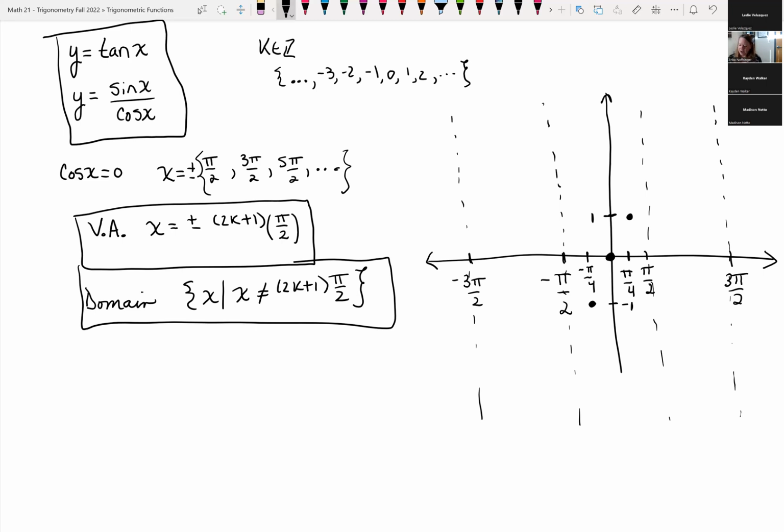And so this graph in between these vertical asymptotes, it kind of looks like our cubic function, kind of more curvature in there. So we can graph, it's just going to repeat itself every pi.